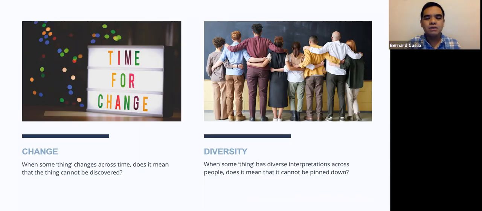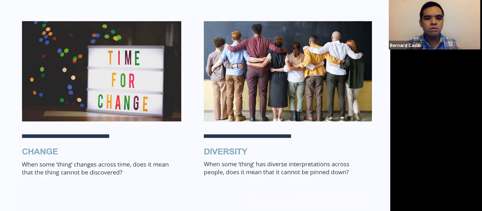Another concept is diversity. So it's not just time that changes the ontological status of morality, at least for some people. It can also be diversity. So some action may be considered right in a particular geographical locality and wrong in another place. So what does this mean?